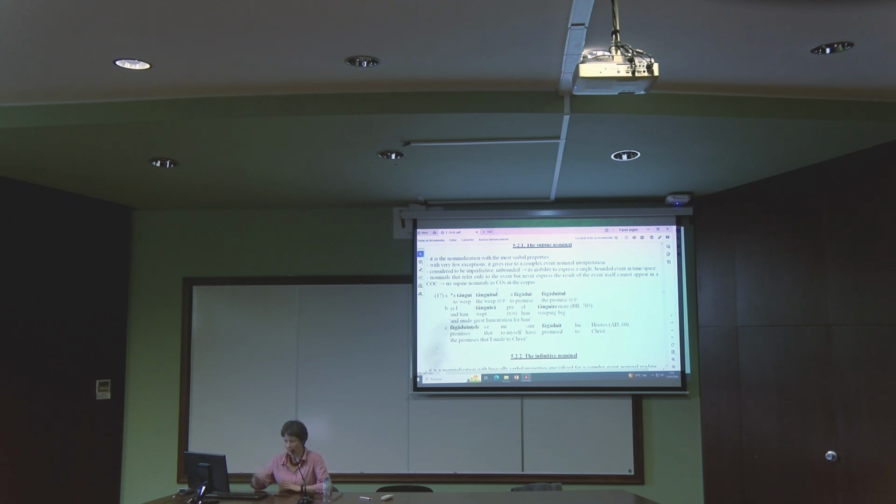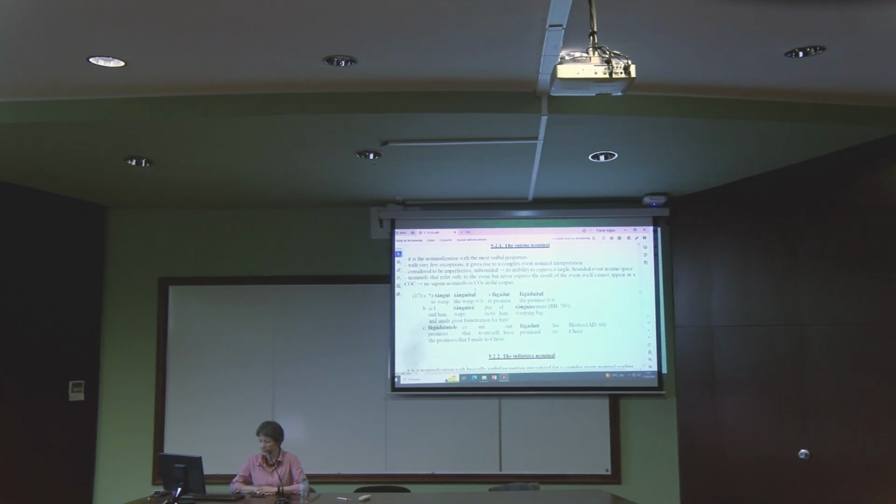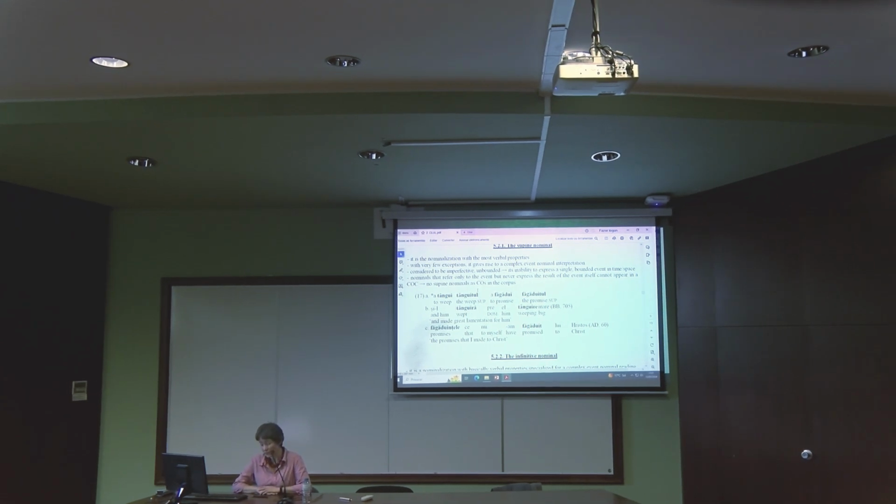Instead, as we'll see in the next subsection, we have an infinitive, which is fine: tânguire, where re is the infinitive suffix, or făgăduințe, ce mi-am făgăduit lui Hristos.